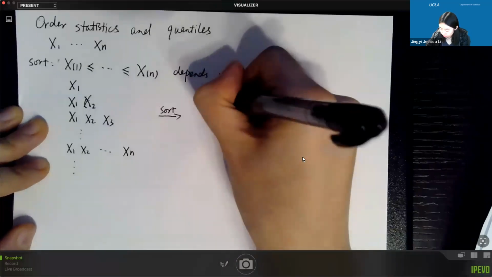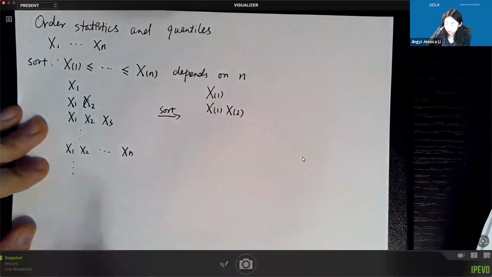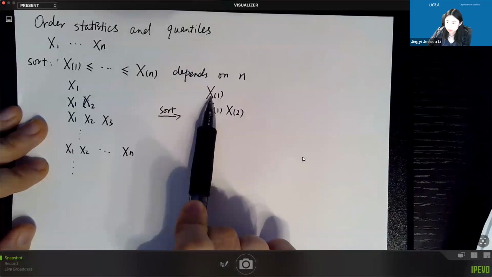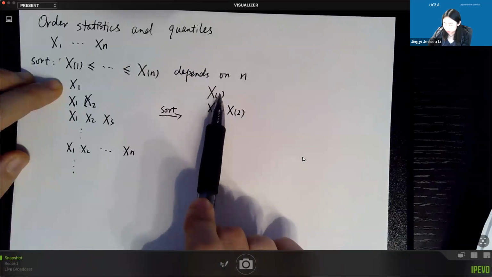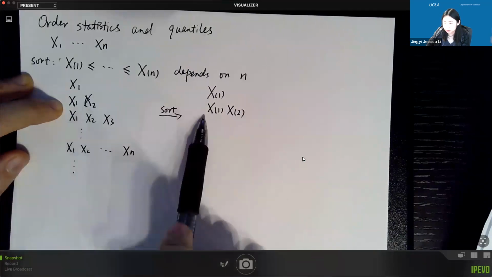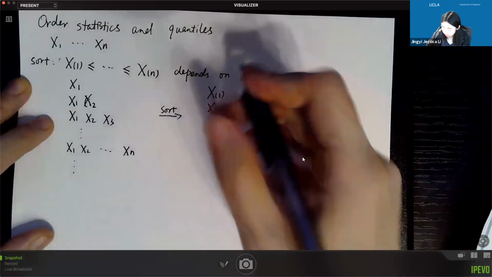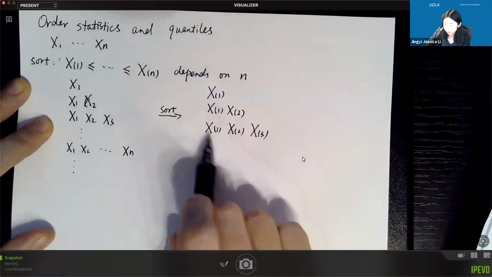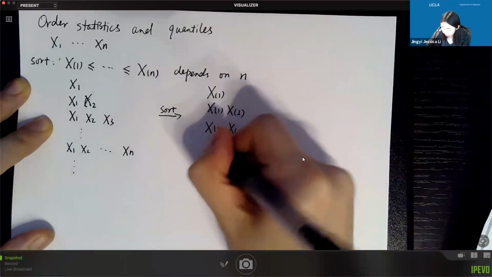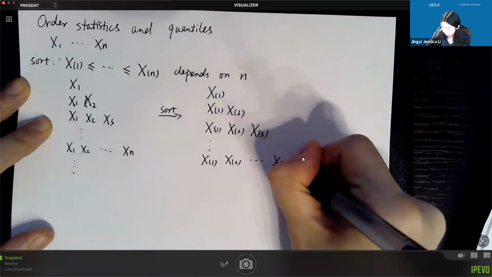And what I want to note is that this x1 may not be the same as this x1, because when it's by itself, it must be x1, right? But when you have x2, then the minimum could be x2. So these two things are not necessarily the same. And the same here, x1, x2, x3, may not be the same as before.